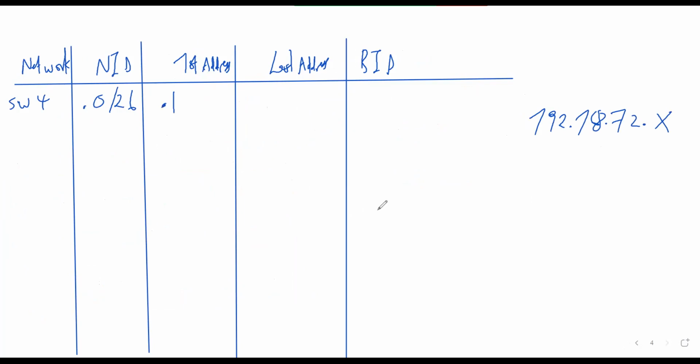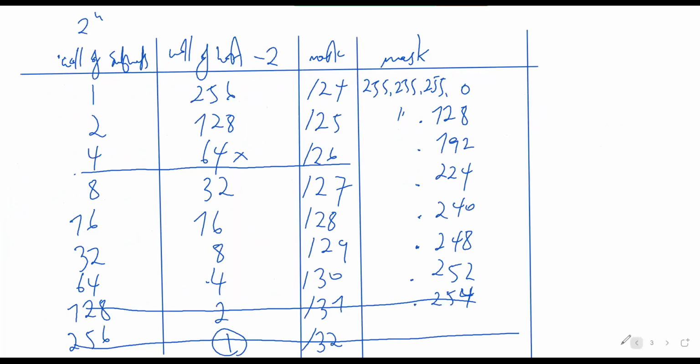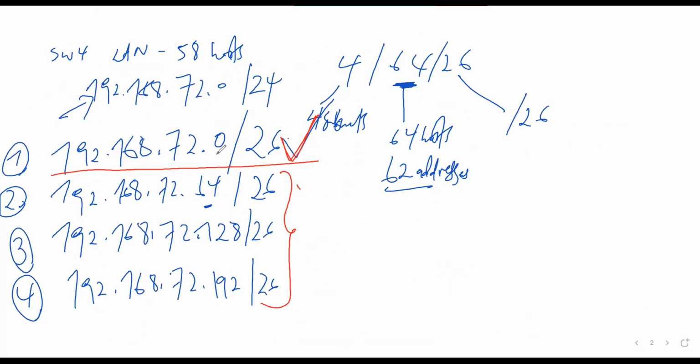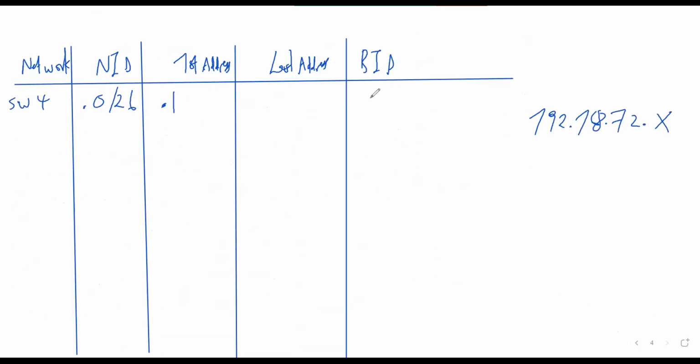That will be our first address. Then 2, 3, 4, 5, 10, 20, 30, 40, until you approach another network at 64. The broadcast ID is much easier to do: 64 minus 1, 63. Automatically the last address becomes .62. The broadcast ID is how you identify the network's edge.